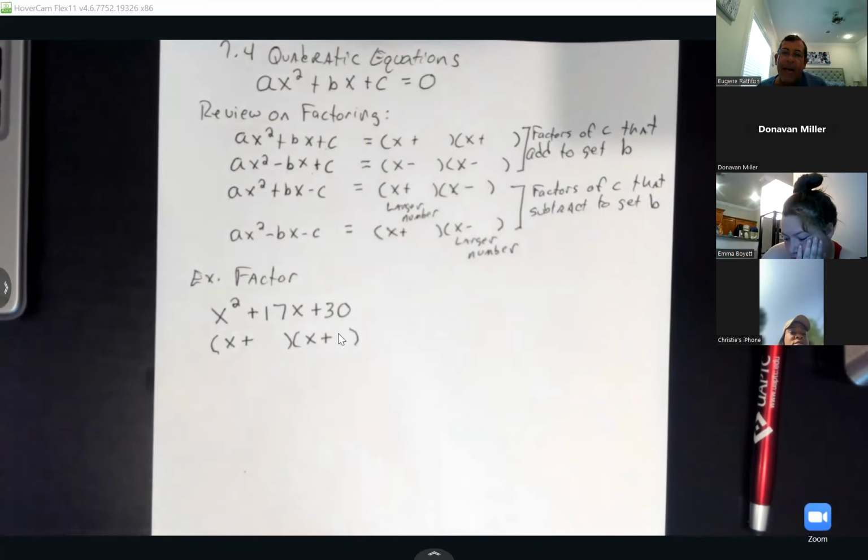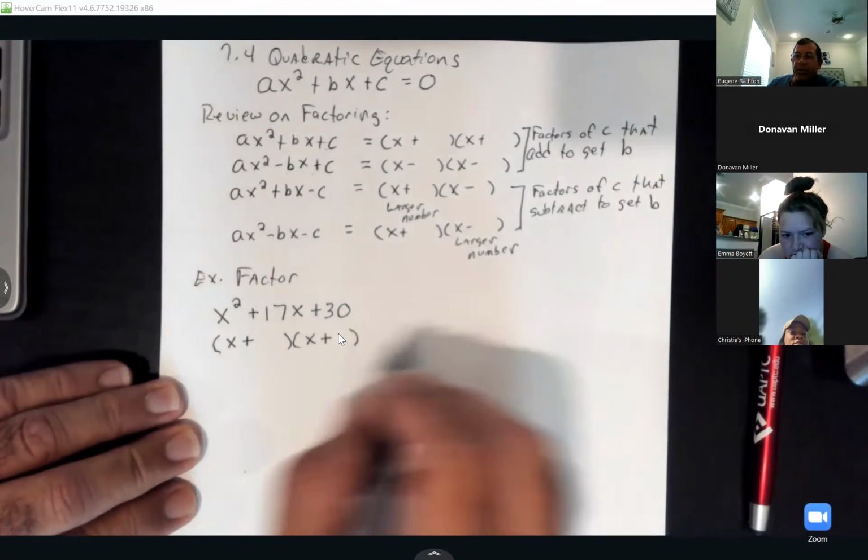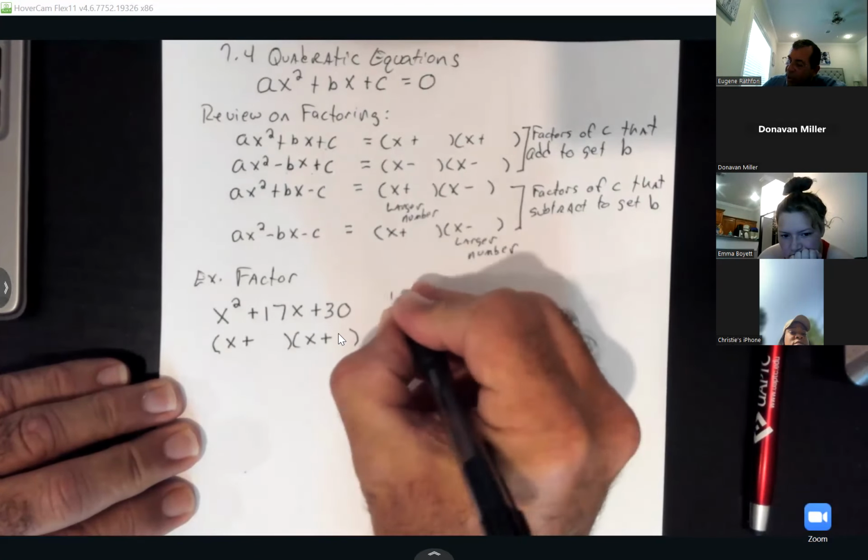So we can get everything ready now. All y'all need to do is find me two factors of 30 that will add to get me a 17. So what two numbers multiply to get 30, but will add and get me 17? And so you can just start shooting through numbers. You got 1 and 30.